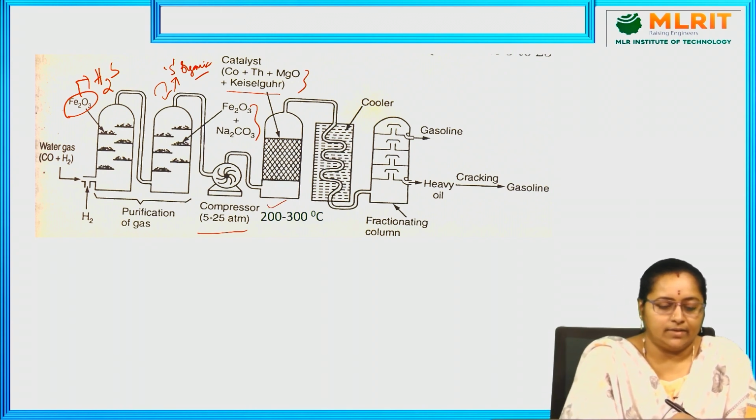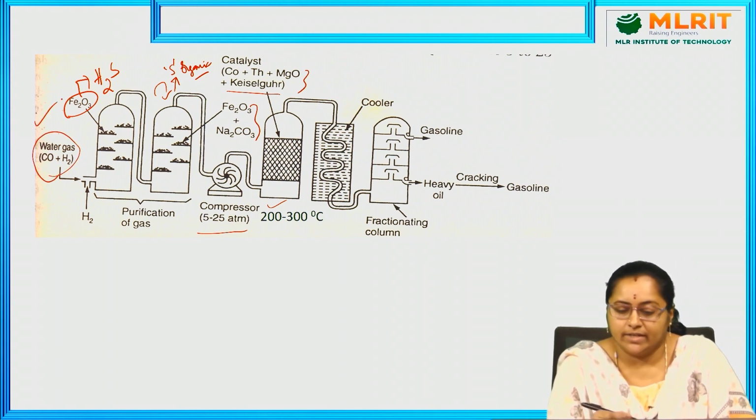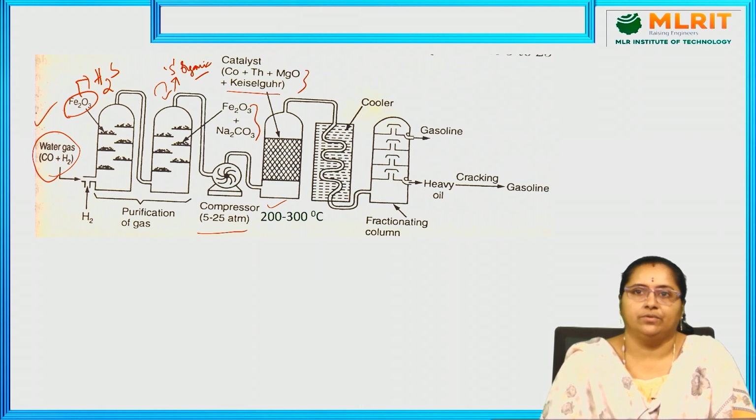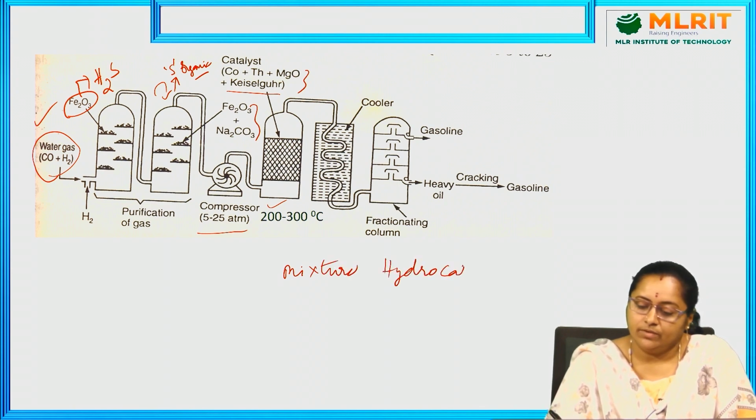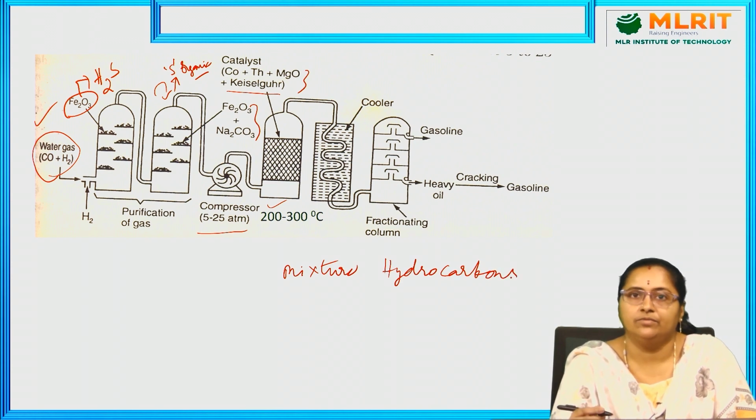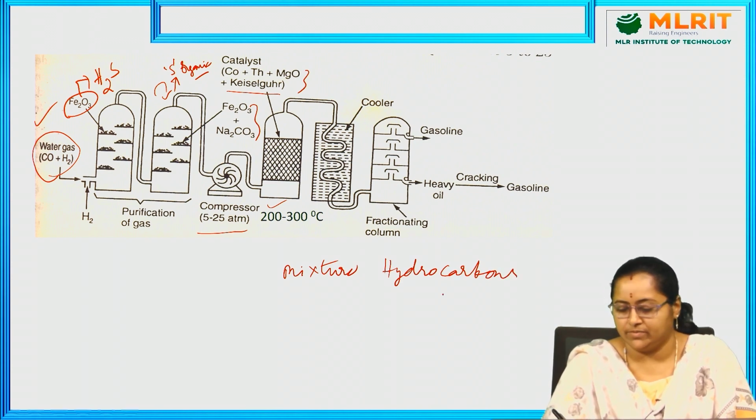There the entire hydrogenated purified water gas, that is CO plus H2, gets converted to hydrocarbons. Here we can expect a mixture of hydrocarbons. The result will be two different types of hydrocarbons. What are they?